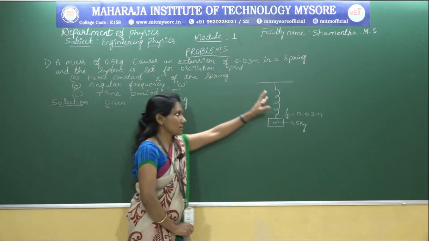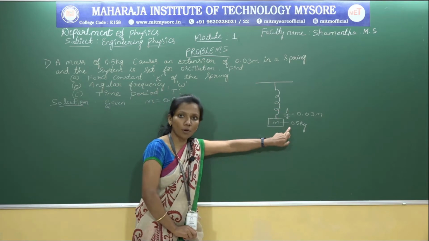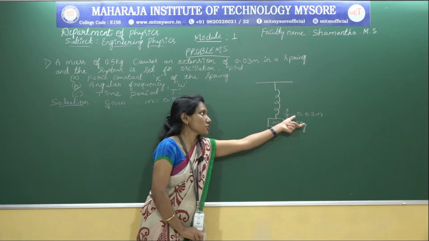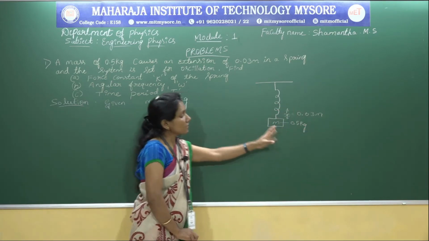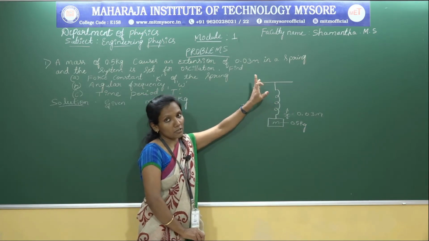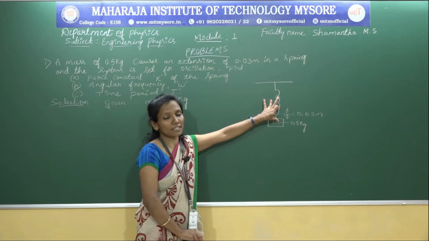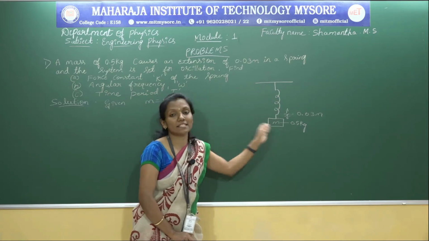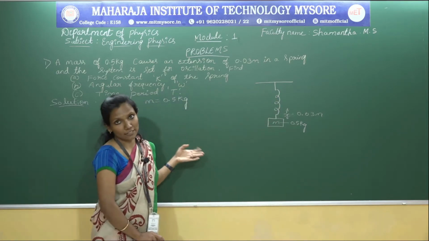So, when this spring is attached with the 0.5 kg mass and the extension is 0.03 meter, what is the spring constant of that spring, what is the time period formula, and what is the angular frequency? That we have to calculate now.